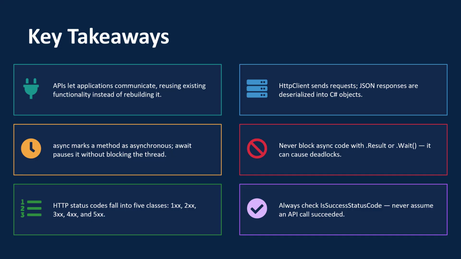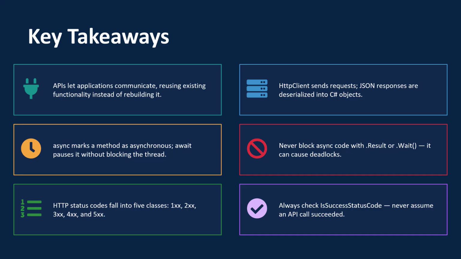Async marks a method as asynchronous, and await pauses that method until a task completes without blocking the thread, which keeps our application responsive. Never block async code with things like .result or .wait. Doing so can cause deadlocks and defeats the entire purpose of going async.